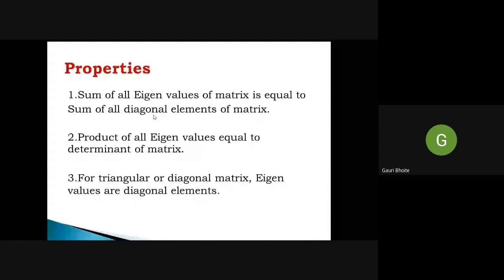Second, the product of all eigenvalues of the matrix is equal to the determinant of that matrix. Third, if the matrix is triangular or diagonal, then the eigenvalues are nothing but the diagonal elements. Based on these three properties, we are solving examples.